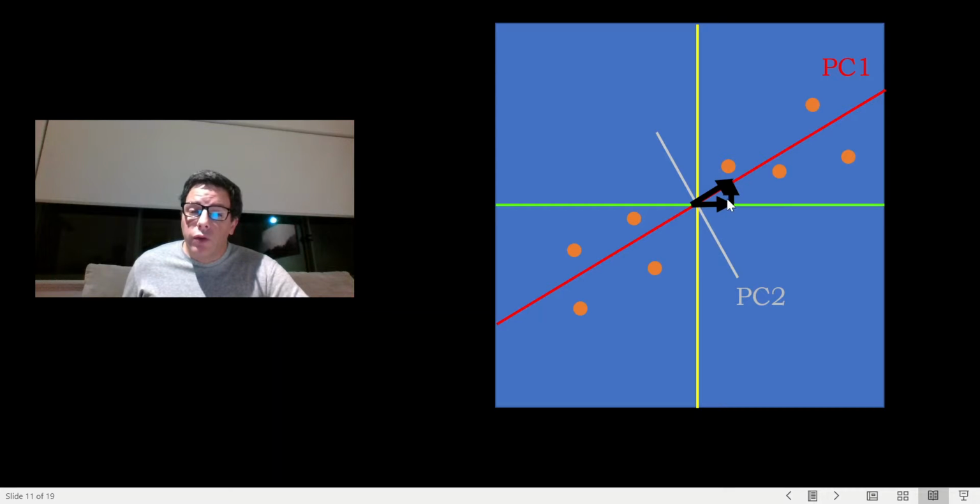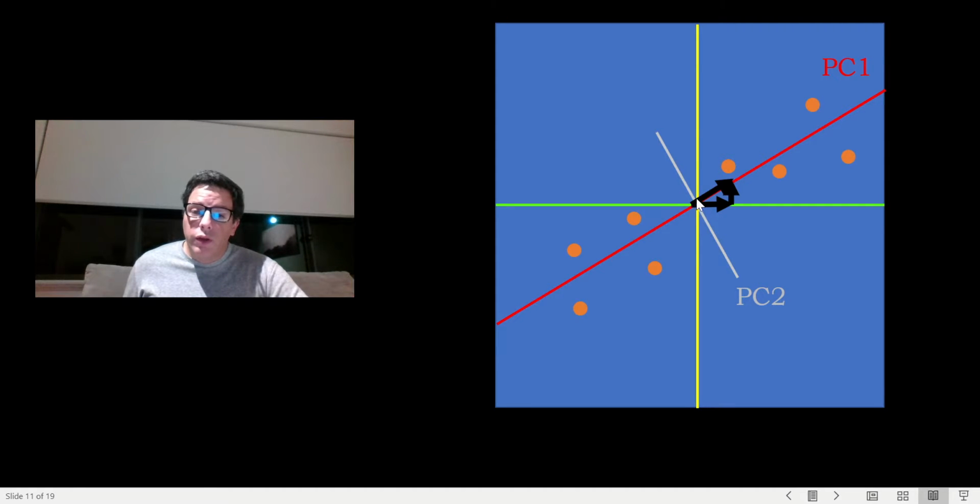Now, what we are interested in is choosing distances such that this vector here has a size of 1 unit. When we have this vector that has the size of 1, then those values are the factor loadings.